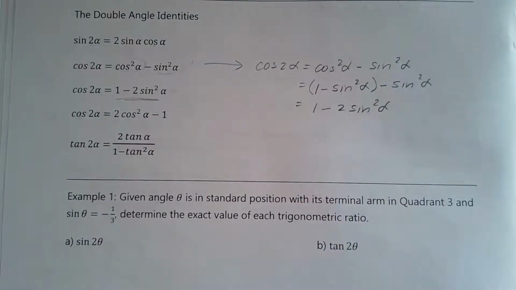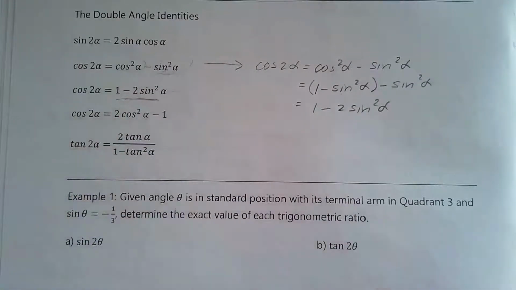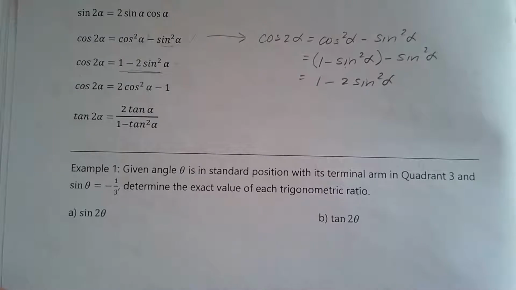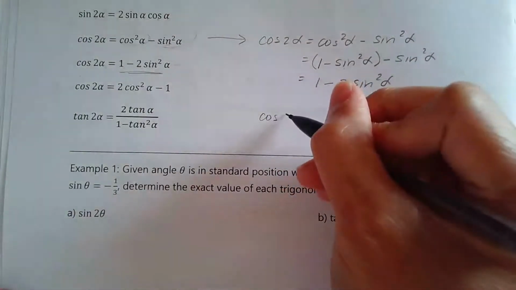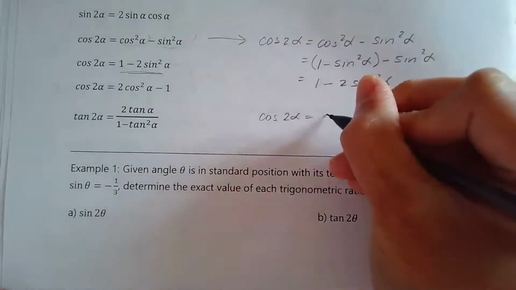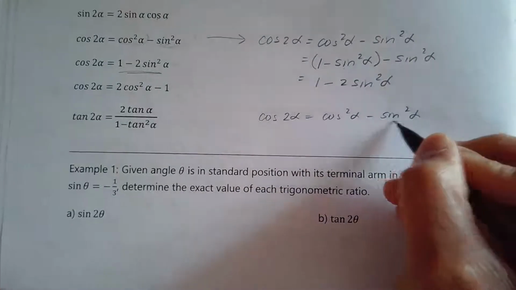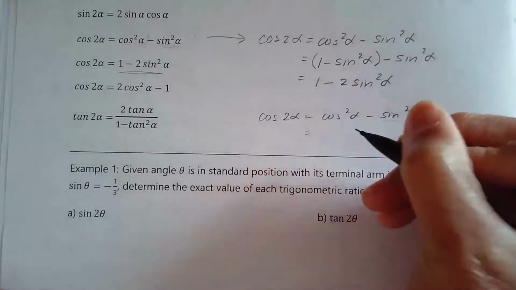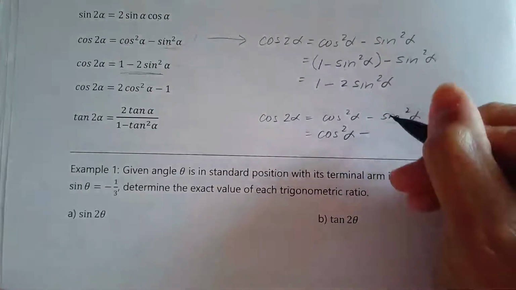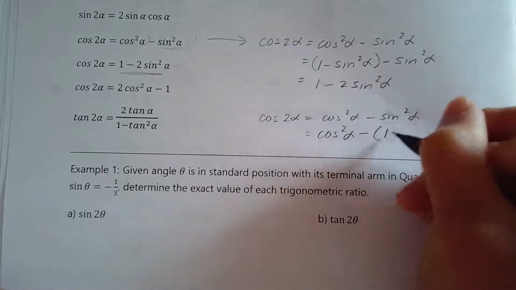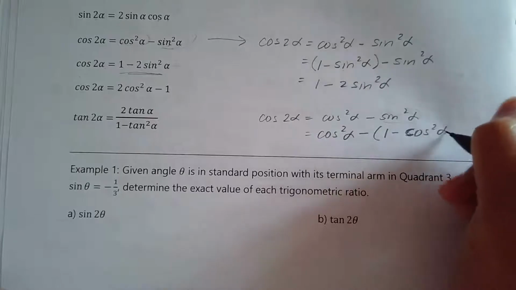The other one is if we replace sine squared alpha with 1 minus cos squared alpha. So cos 2 alpha equals cos squared alpha minus sine squared alpha, and instead of sine squared alpha we change it using the Pythagorean trig identity: cos squared alpha minus, and I'm going to subtract all of these, 1 minus cos squared alpha.